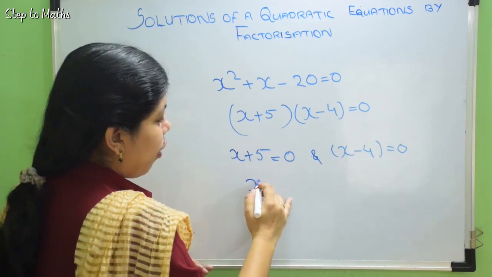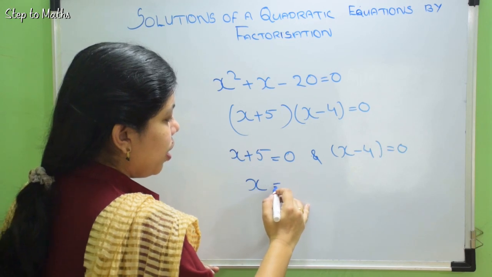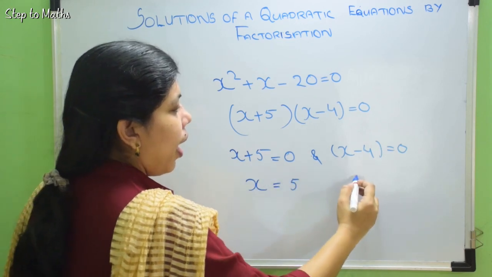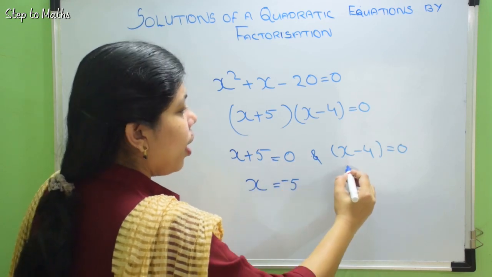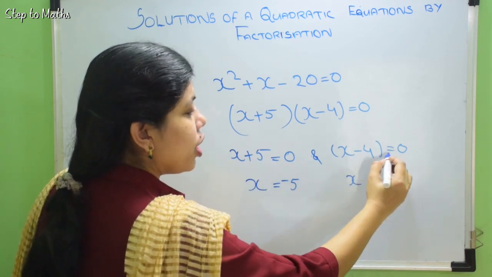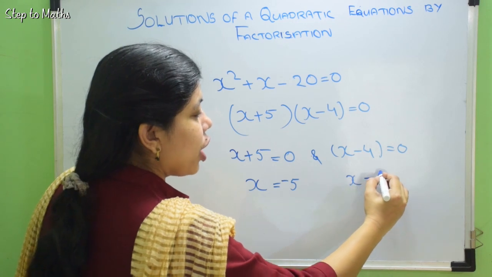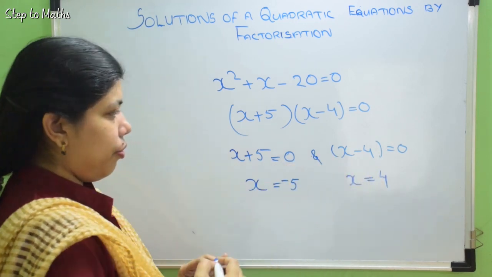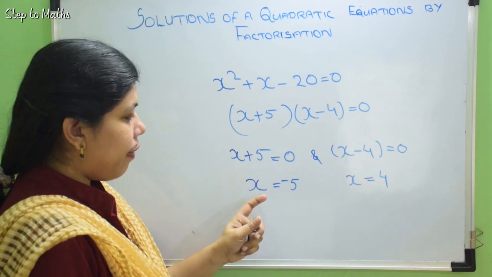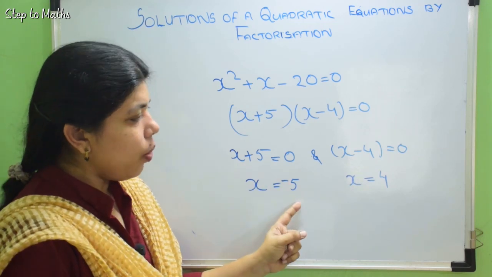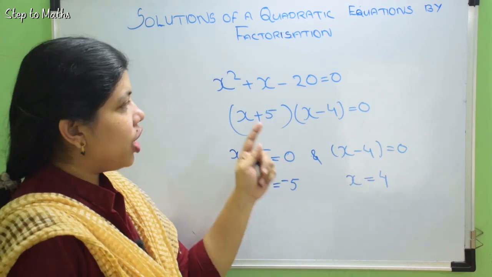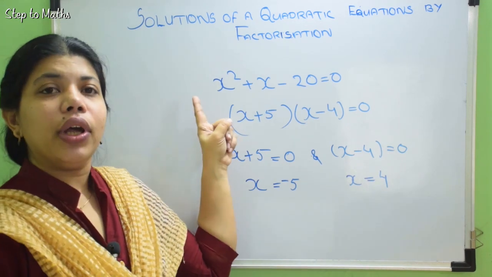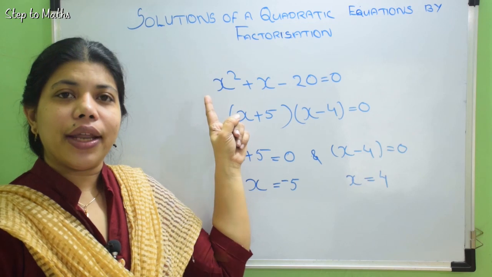x plus 5 is equal to 0 means x is equal to minus 5, and x minus 4 is equal to 0 means x is equal to 4. The values of x are minus 5 and 4. That is how we get the roots of this given quadratic equation.